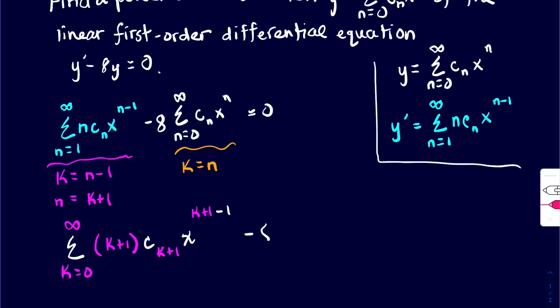And then minus 8 times the summation, we just switch all the n's to k's. And all of this is equal to 0.